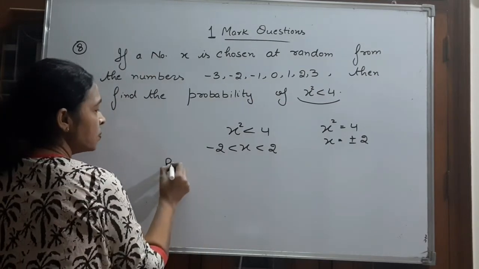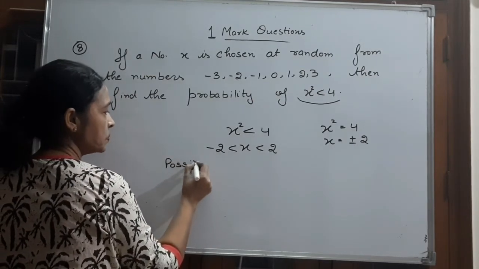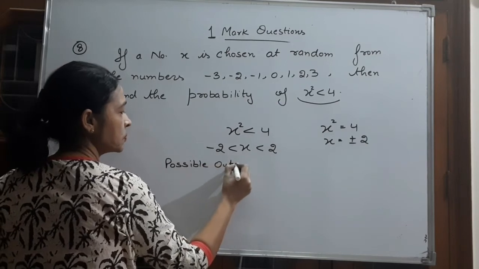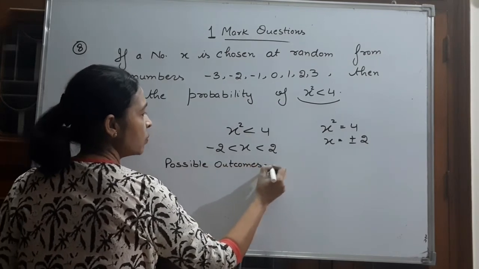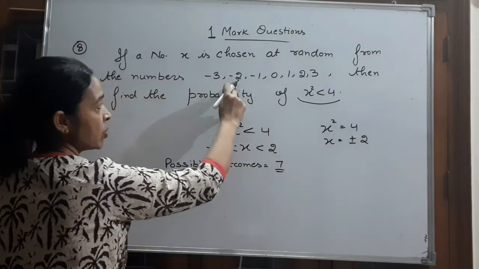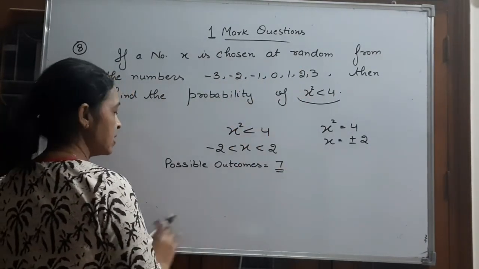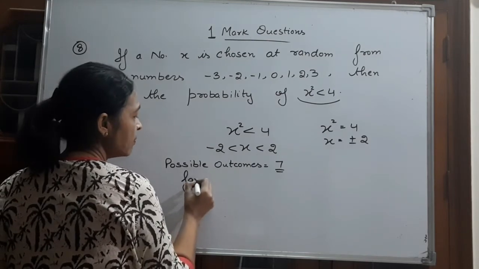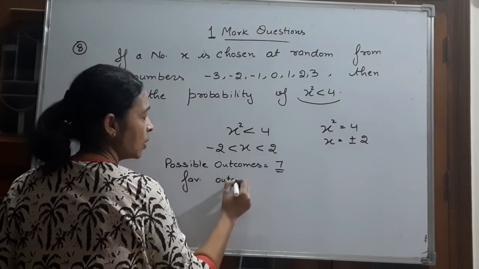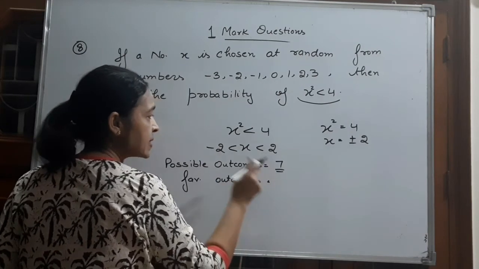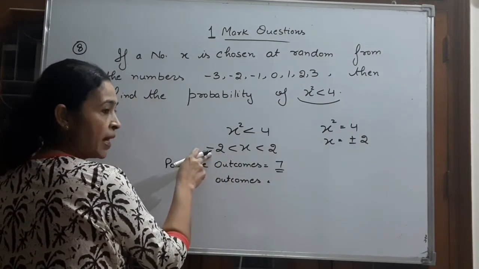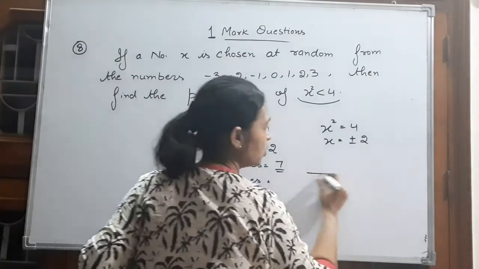Now, what are our possible outcomes? We have possible outcomes 7: -3, -2, -1, 0, 1, 2 or 3. We can get any of these numbers. Now, what will be our favorable outcomes? The value of x must be greater than -2 and less than 2.